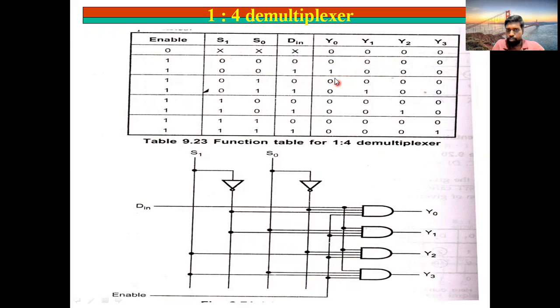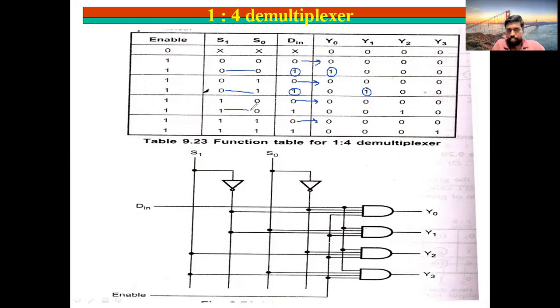Input 0 always gives output 0, so you need not bother about these cases. Remove these 4 cases and observe the remaining 4. When both are 0, 0 and Din is equal to 1, the first output is highlighted. And for the second condition, 0, 1, when Din is applied again, the output is observed at Y1.